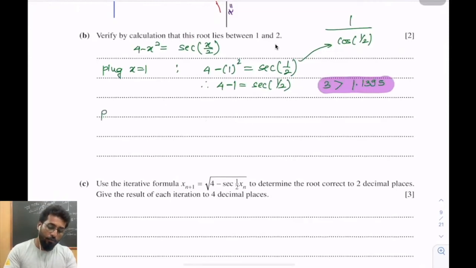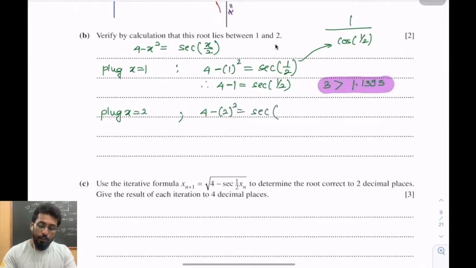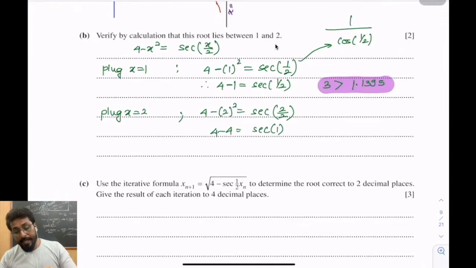Now you plug in the value of x as 2. So what do you get? 4 minus 2 squared is equal to sec of 2 over 2. So that's sec of 1. 4 minus 4 is equal to sec of 1. Again, I don't know the value of sec of 1 because the calculator cannot give me sec, but it can give me cos.